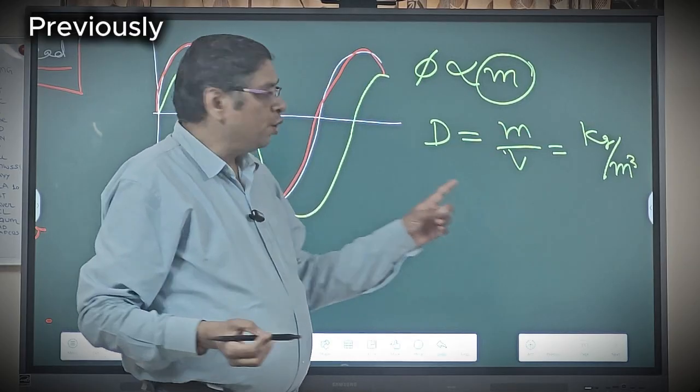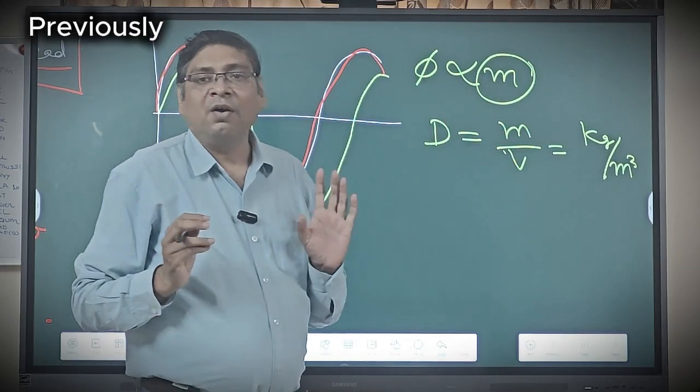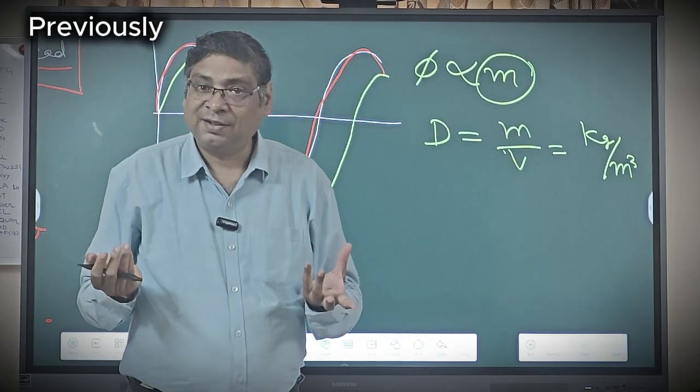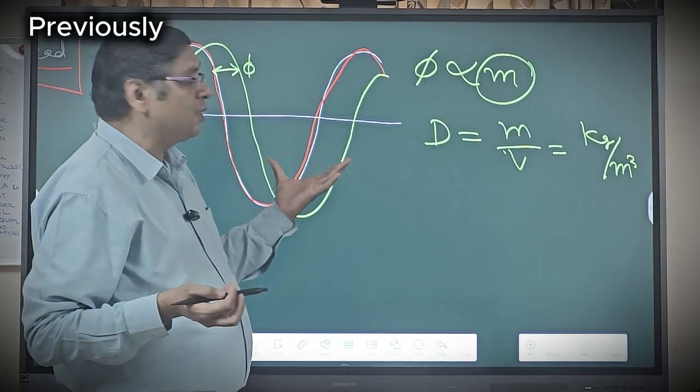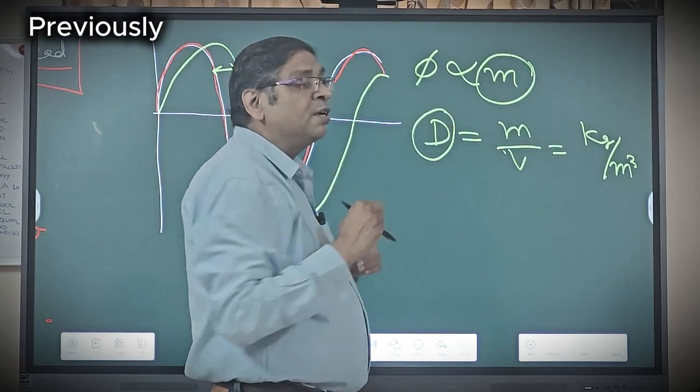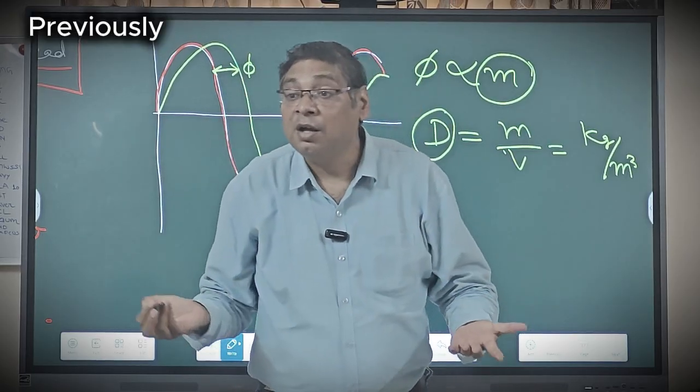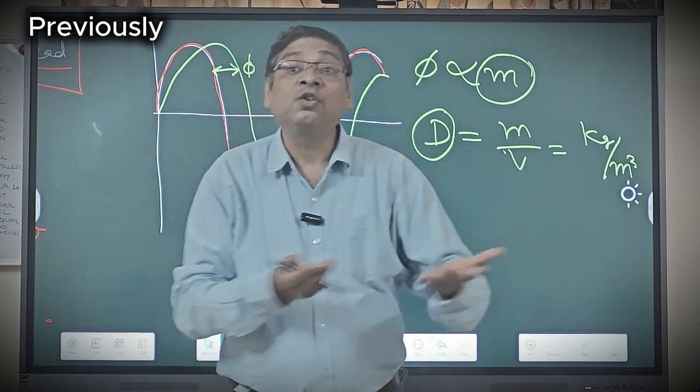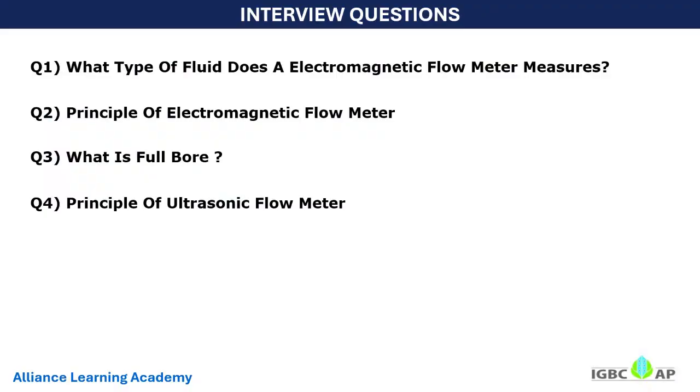So you can convert that mass to the volume by knowing the density. So the benefit of the mass flow meter is that it is directly measuring the mass, means it is directly measuring the density, means the identification of the fluid it can also give you.